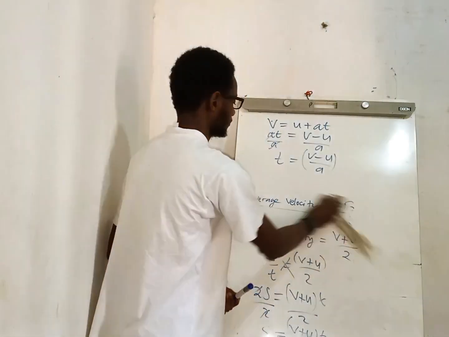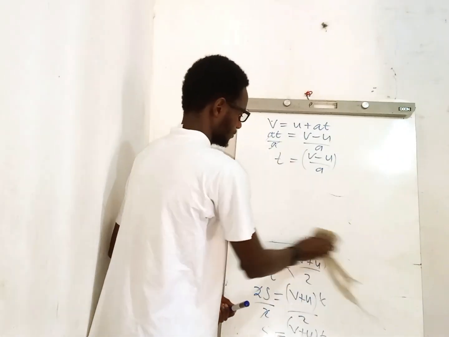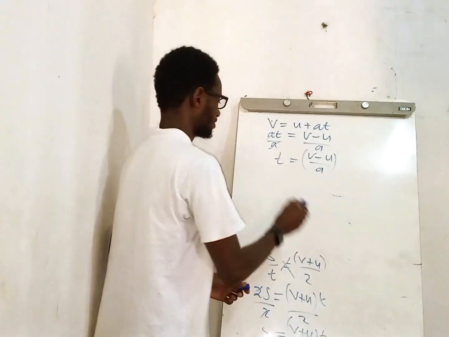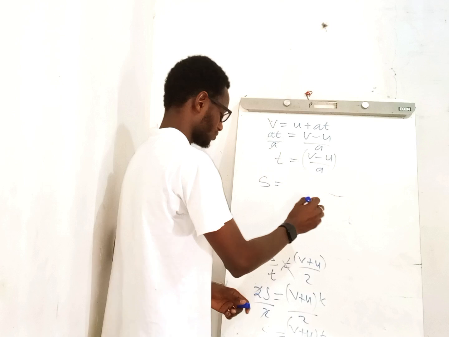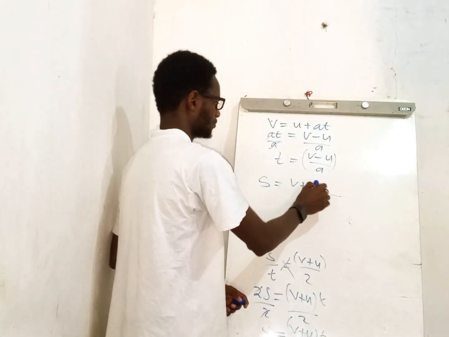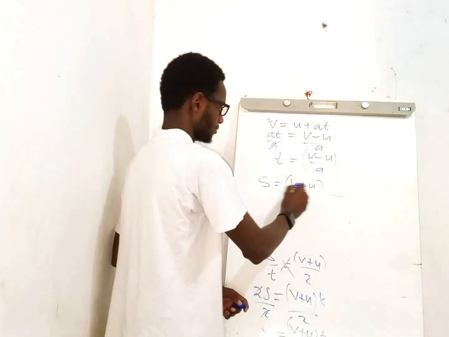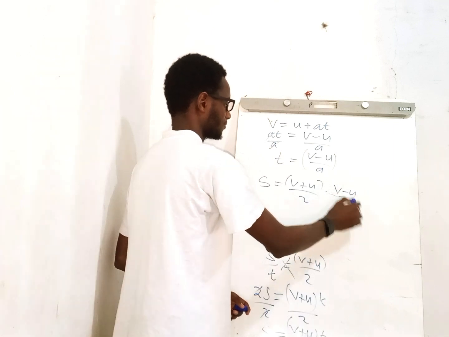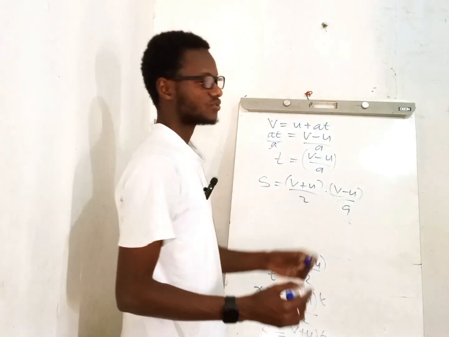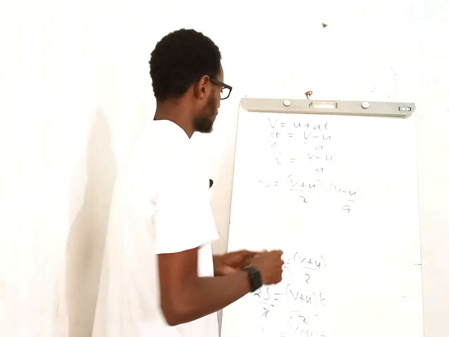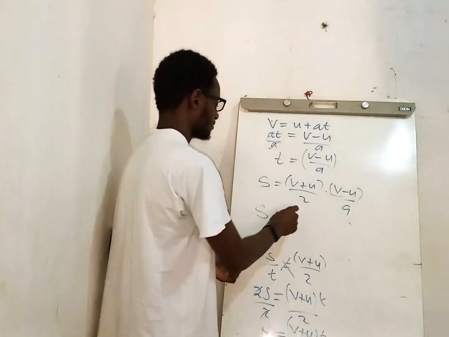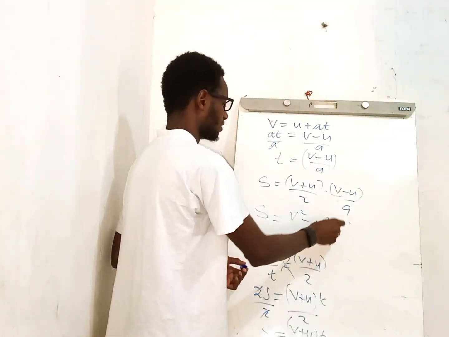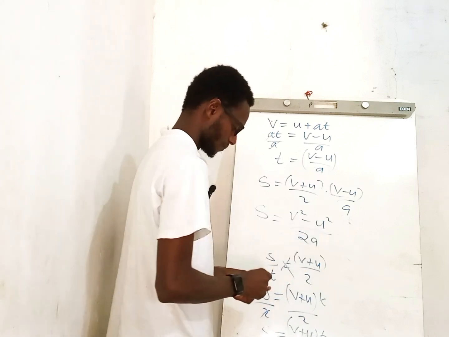Once you do that, you have your distance s is equal to v plus u all over 2 multiplied by v minus u all over a. Now if you look at the numerators, you see difference of two squares. That's the same as v squared minus u squared all over 2a.